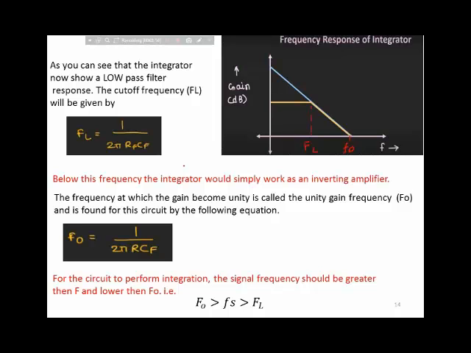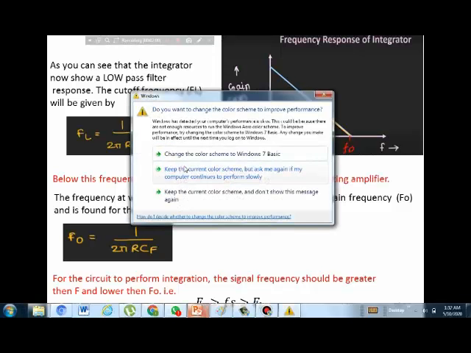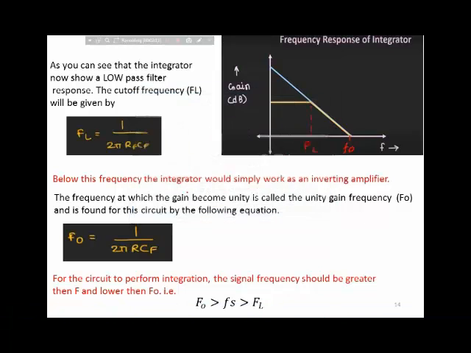So below the lower cutoff frequency FL, the integrator would simply work as an inverting amplifier, and if you keep the frequency in this range, the circuit will perform the integration function.